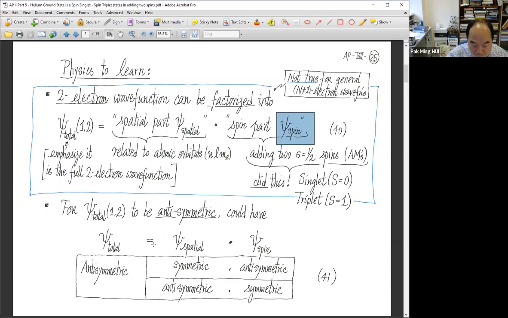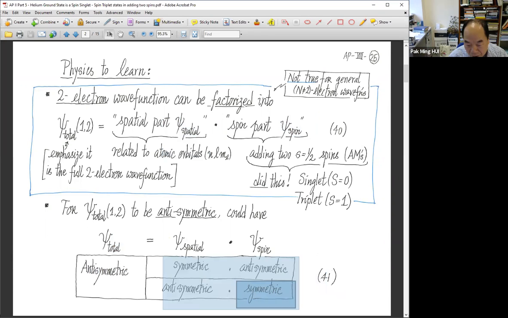However, more generally, as long as the whole thing is antisymmetric, we obey the rule. So there are 2 possibilities. How about the spatial part antisymmetric and the spin part symmetric, or the other way around? Both will be okay, all right?